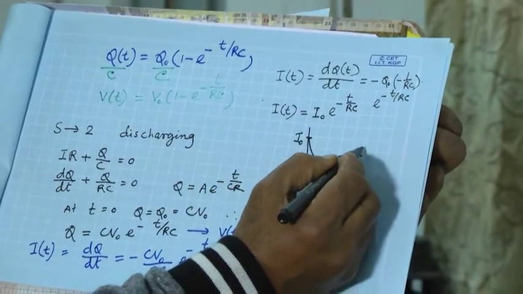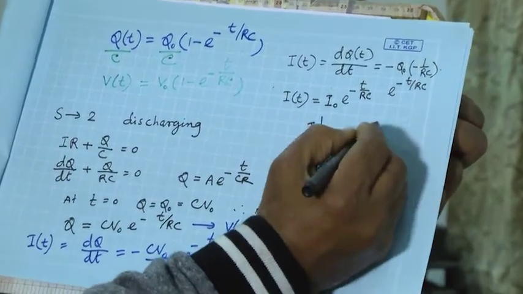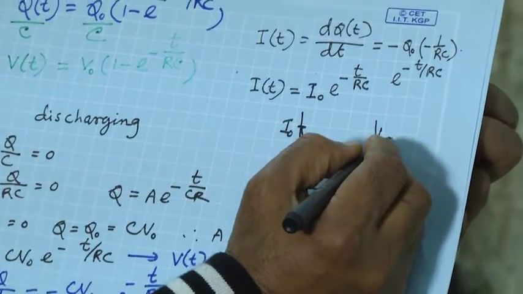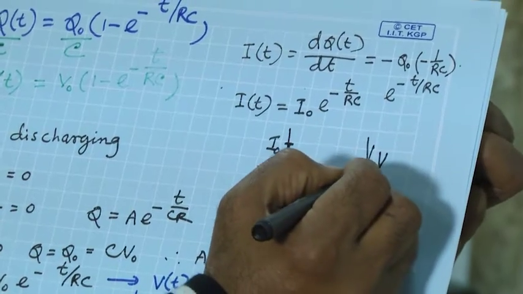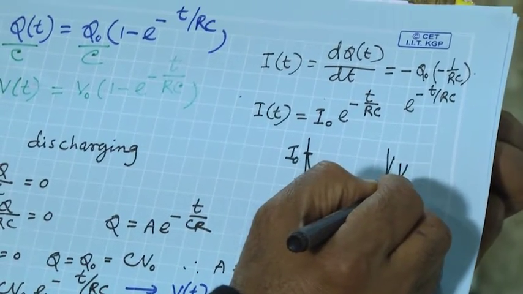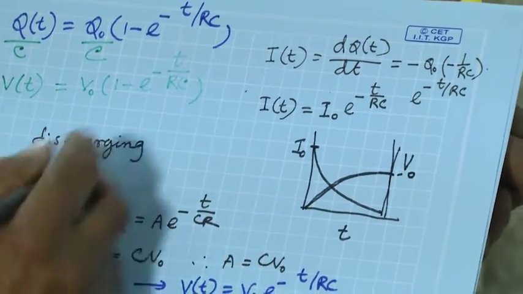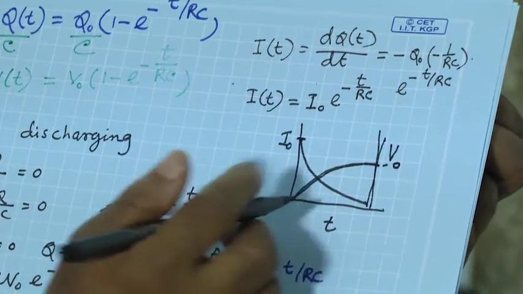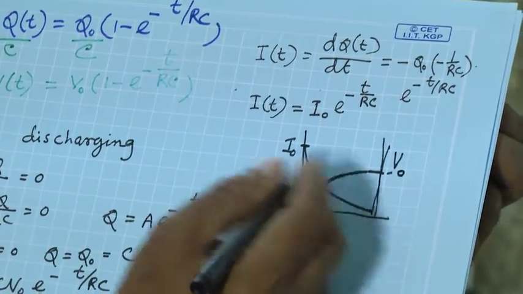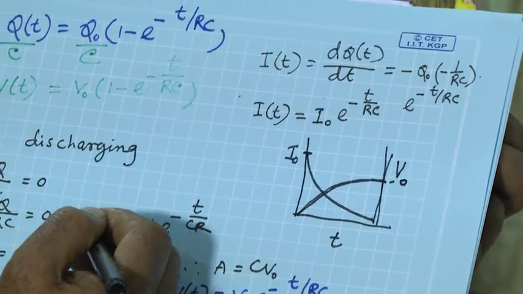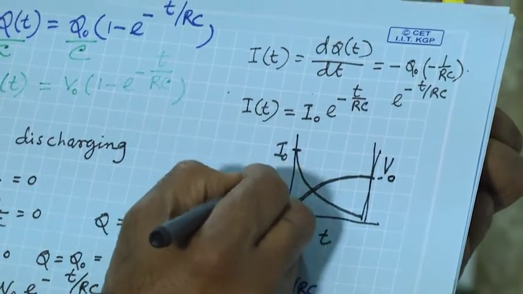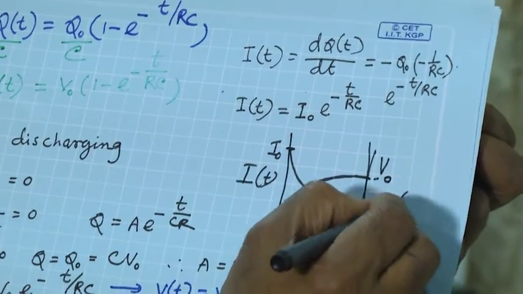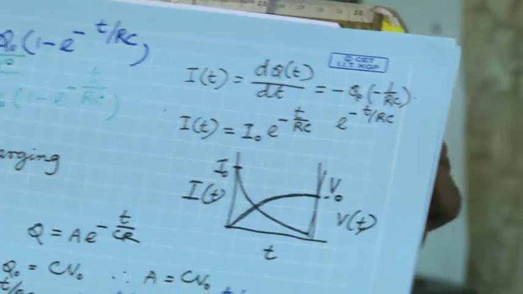So, here I can draw this. This value will be V0, this is I0, and it will decay exponentially. So, I have plotted I versus t, and this I have plotted V versus t.